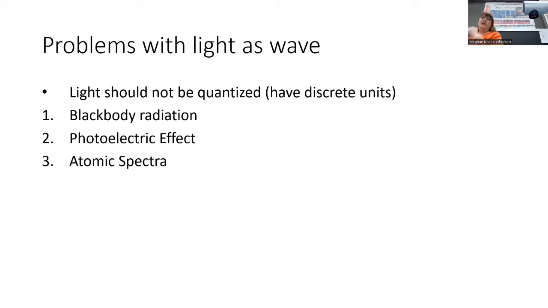These three different effects actually show that light is behaving like it has particles. The first two we're not going to go into a lot of detail on. I'm just going to introduce them enough so you know what the terms mean. But the last one, atomic spectra, is really going to lead us into electronic structure. So those are the things that we will be focusing on.